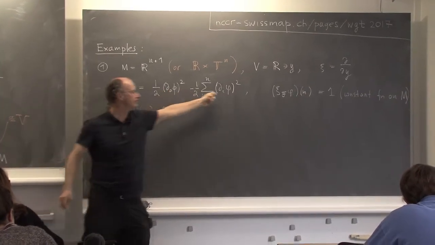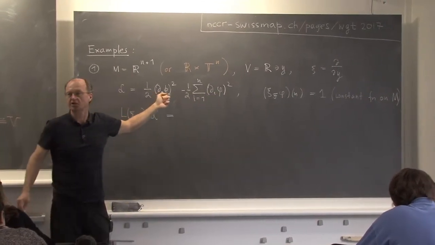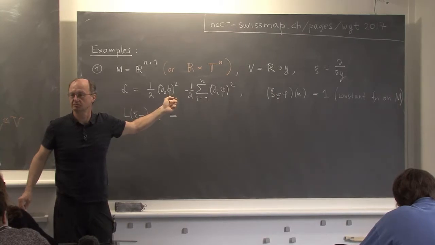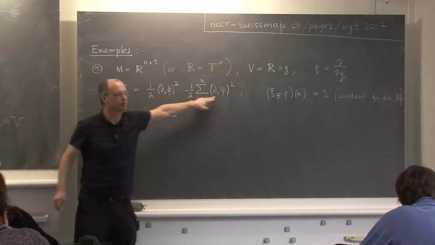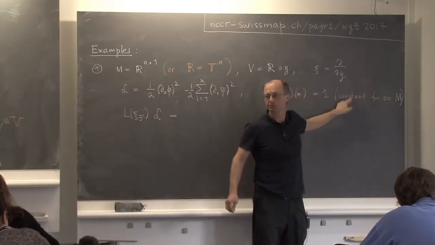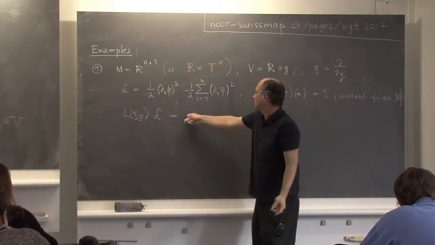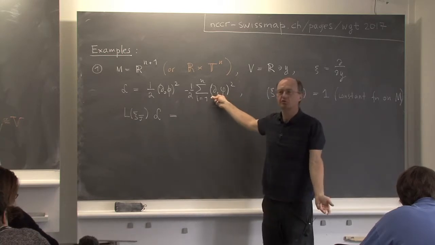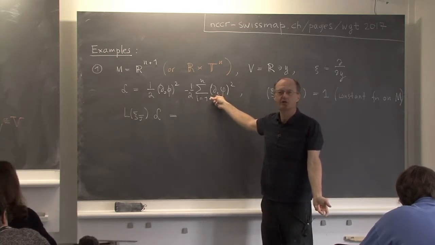But now all these phi's, they enter there under a derivative with respect to some spatial coordinate. And here it's a constant function on M, right? So I can, of course, write down the answer, but all the terms will be 0, because everywhere you will have some derivative of 1 in every term.